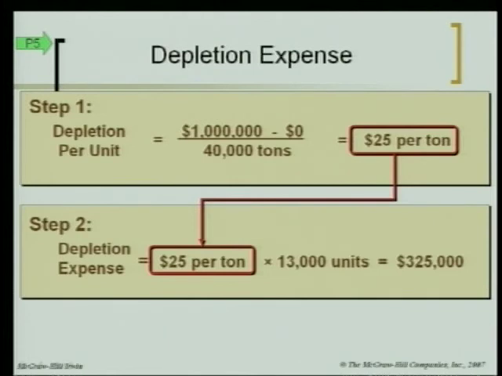In this first year, we extracted 13,000 tons. We deplete $25 per ton. Thus, our entry will be in that first year for $325,000 of depletion.